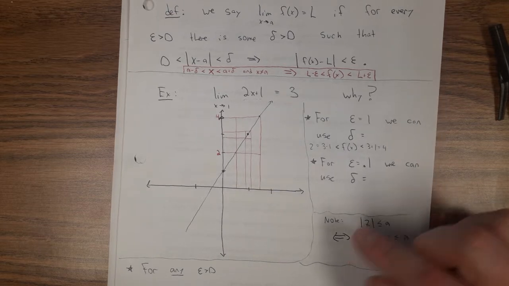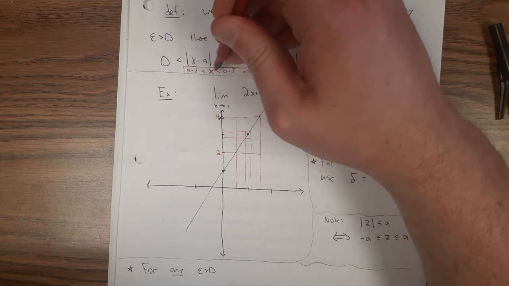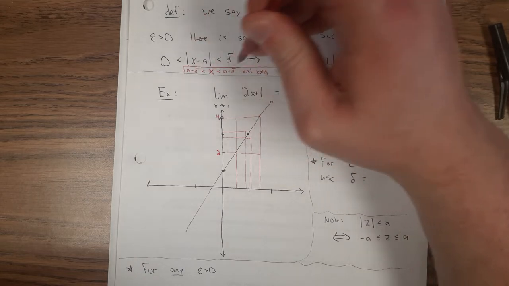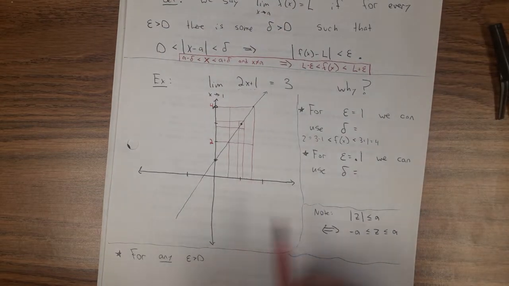What delta is like telling us is information about where x should be. So now I'm going to look at the x coordinates.